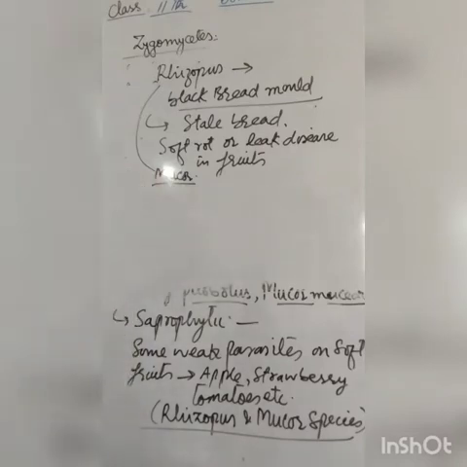They are said to be weak parasites. Rhizopus is called bread mold, and it has three types of mycelium.